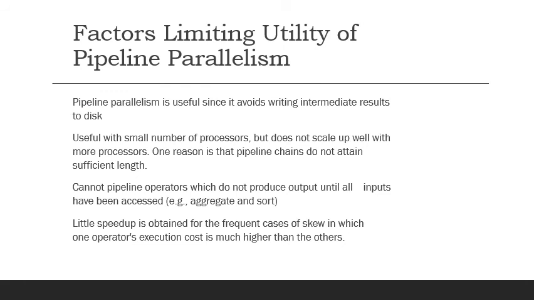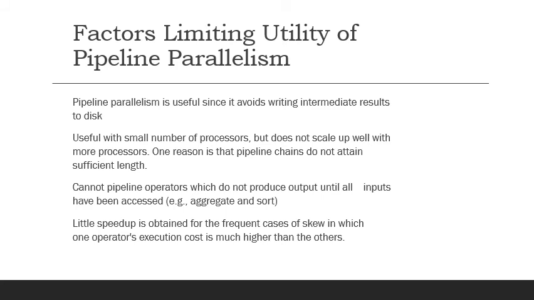Now let's see the factors limiting utility of pipeline parallelism. Pipeline parallelism is useful since it avoids writing intermediate results to the disk. It is useful with a small number of processes but does not scale up well. First, pipeline chains generally do not attain sufficient length to provide a high degree of parallelism.